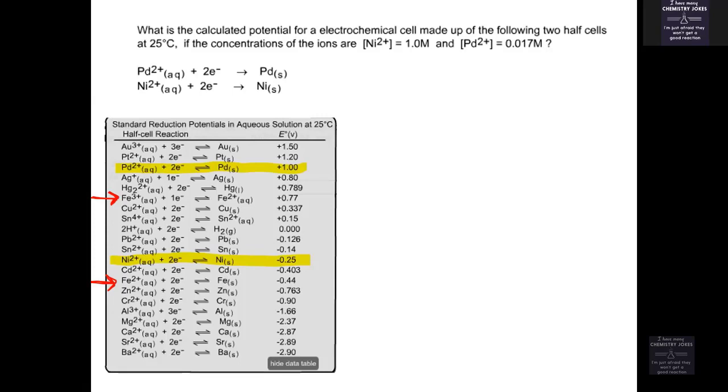So if we're going to combine palladium and nickel together to get a positive potential, palladium is already positive. If we flip nickel so that nickel becomes oxidized, that gives us the most positive potential possible between those two systems. So that's going to be nickel solid. I need a little more room to write, so we're going to the big screen.